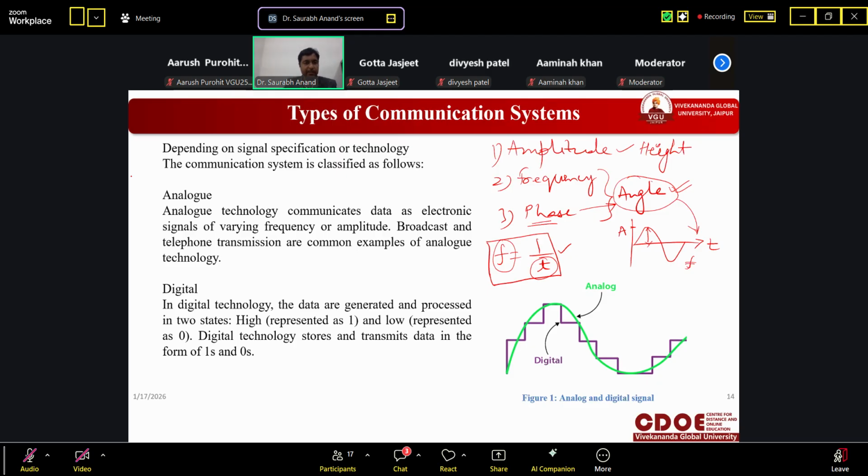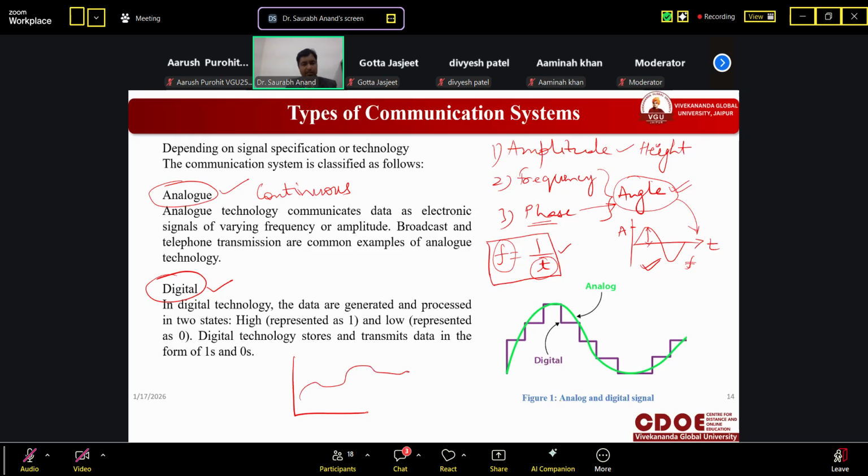Depending upon the type of signal, the signal can be analog or digital. So what is analog? Analog is the signal which is continuous. It is not required that the signal will be in this shape; it may be in this shape.